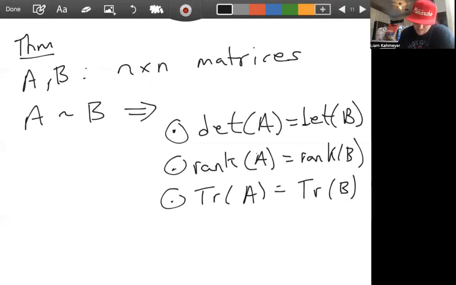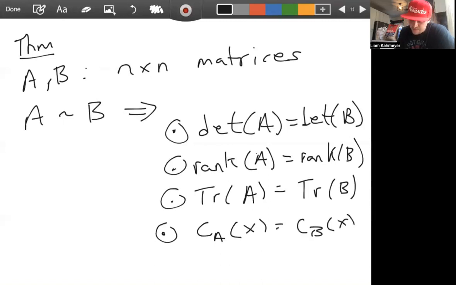But we can say even more. We can say that the coordinate vectors for similar matrices are the same, which a priori is pretty shocking, or you may not believe it. Yes, they're similar, but there's no reason that, with respect to some arbitrary basis, coordinate vectors need to be the same.